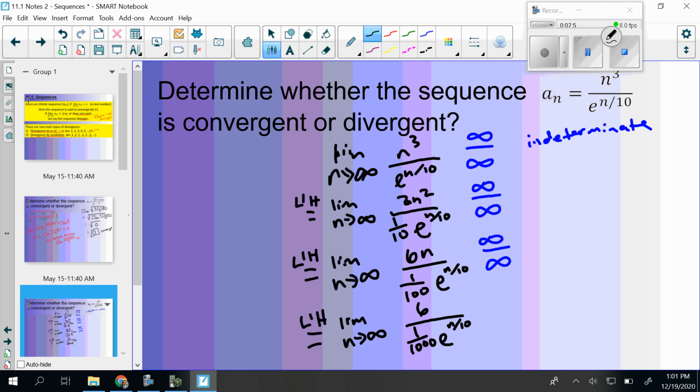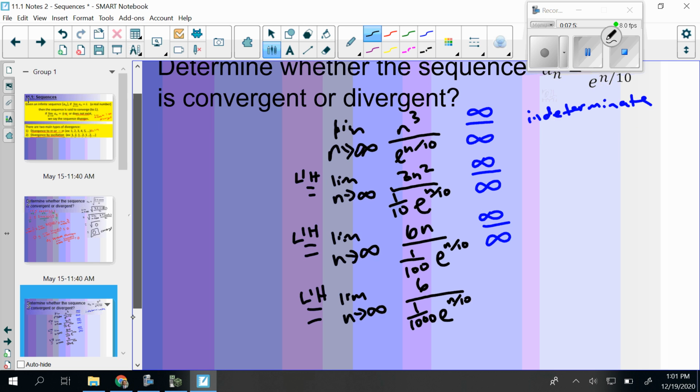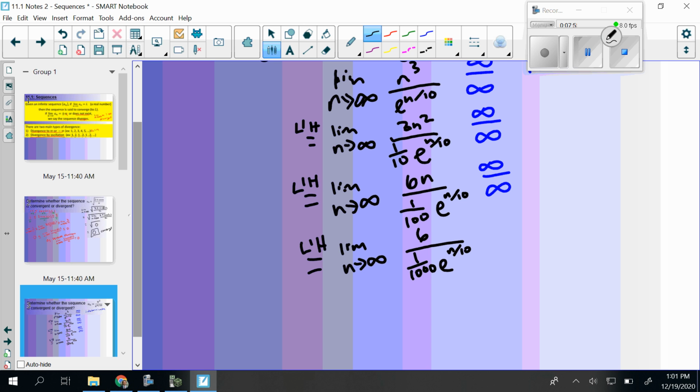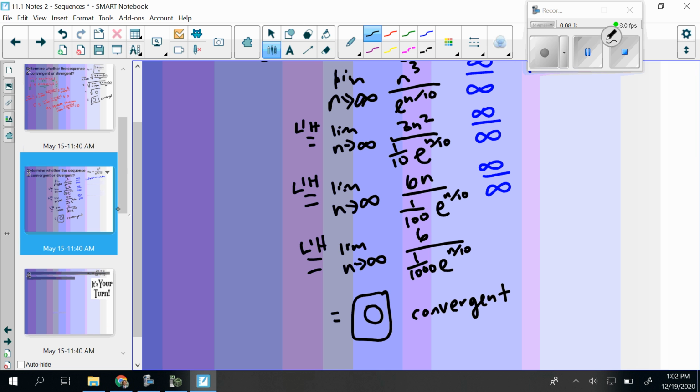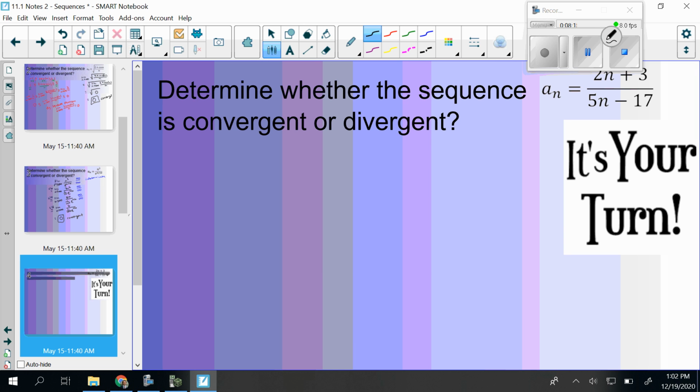So if we have 6 over a giant number, that's going to approach 0. So this limit is convergent, and it's approaching 0. So remember, if you get those infinity over infinities, an indeterminate form, use L'Hopital's.